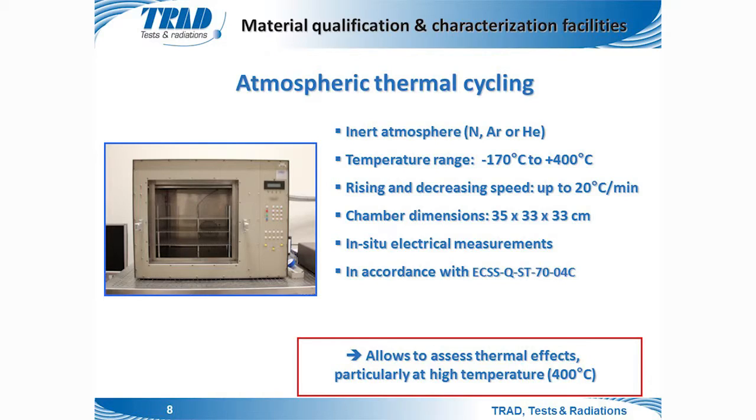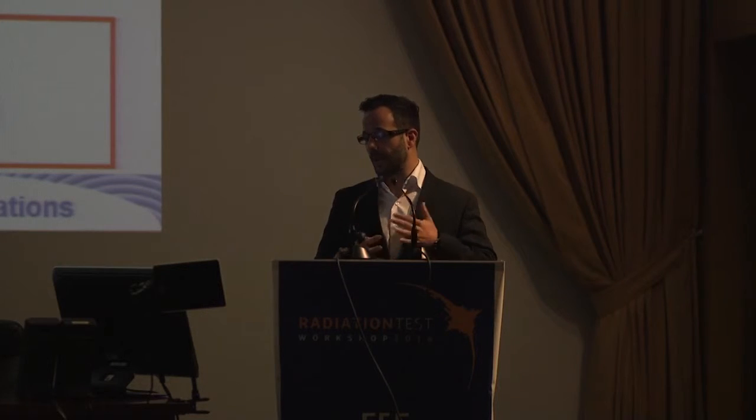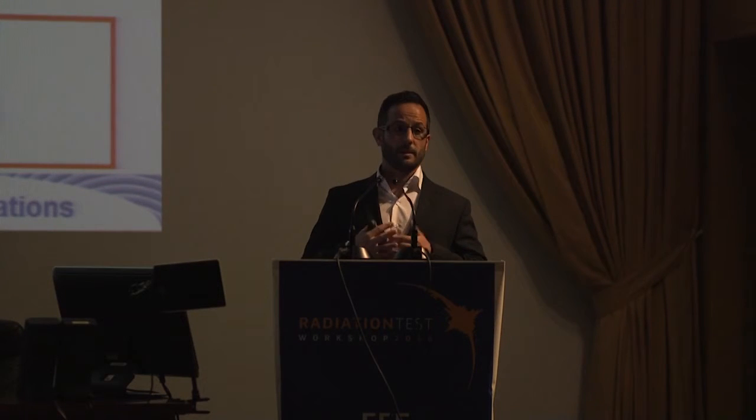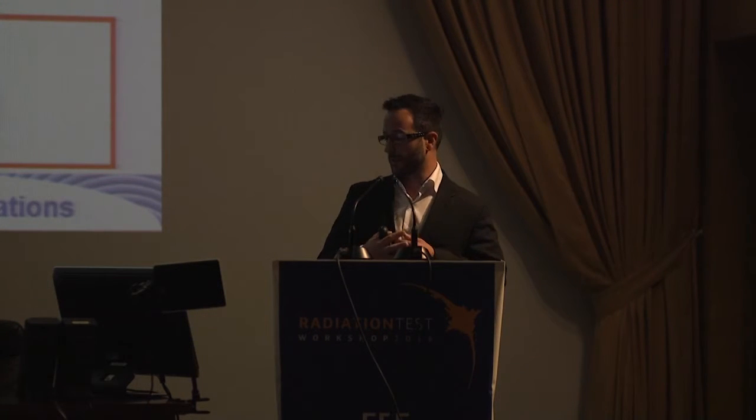The chamber dimension is quite big. You can make tests on big samples. You can, of course, make in situ electrical measurements, and all the tests are in accordance with the norm. This equipment allows to assess thermal effects, and particularly at high temperatures.